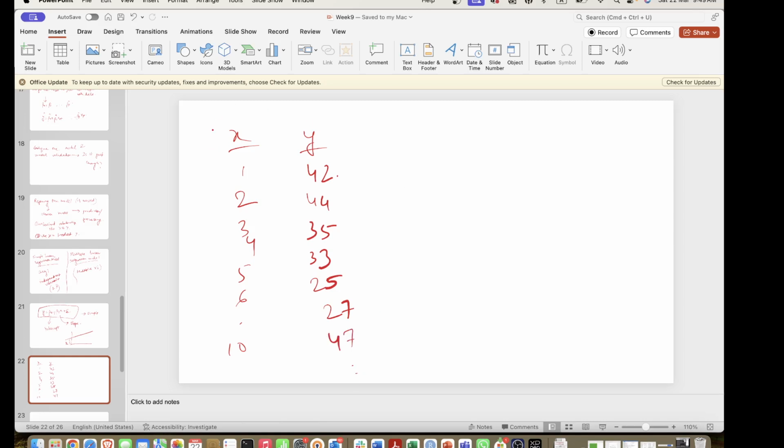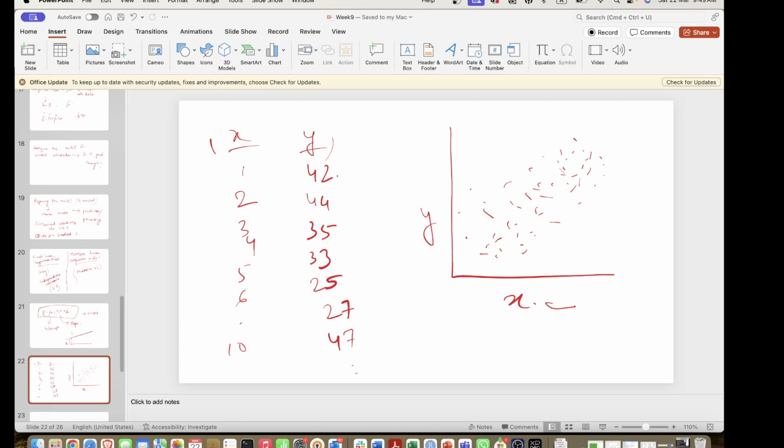Whenever I have x and y given, my first instinct is to plot x versus y and get a scatter plot. If I have a scatter plot like this, I have the intuition that perhaps as x increases, y also increases.